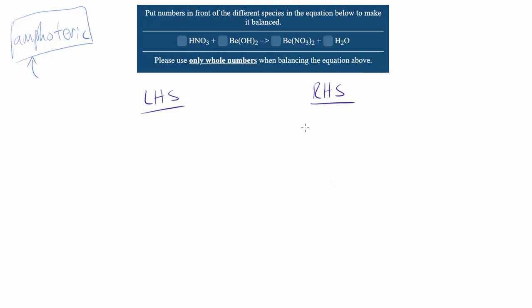Now in looking at the left hand side of the equation, you've got hydrogen, nitrogen, oxygen, and beryllium, so H, N, Be and oxygen.